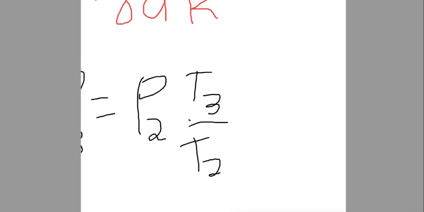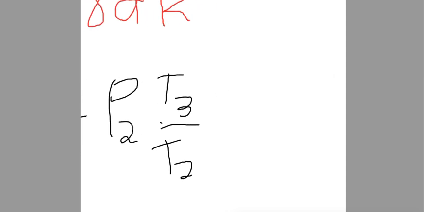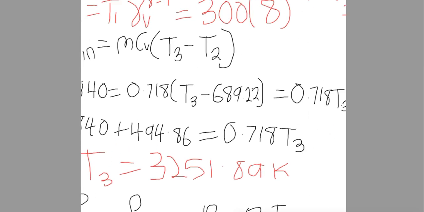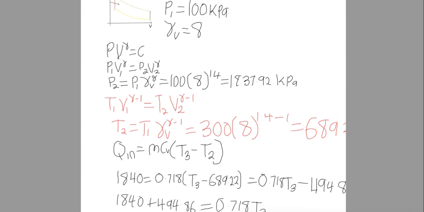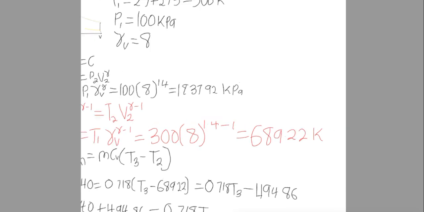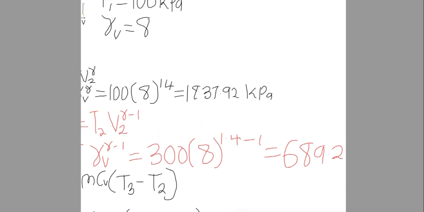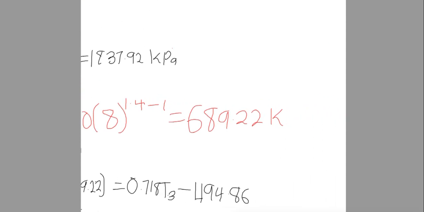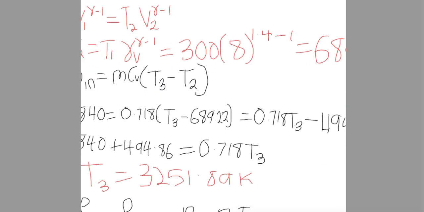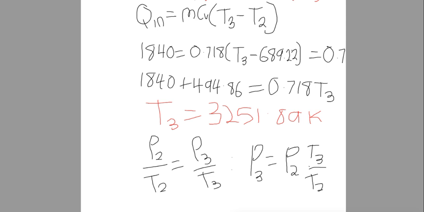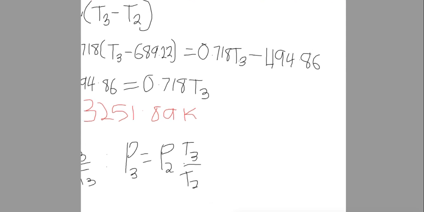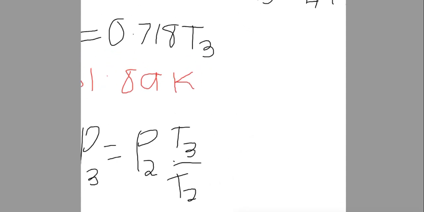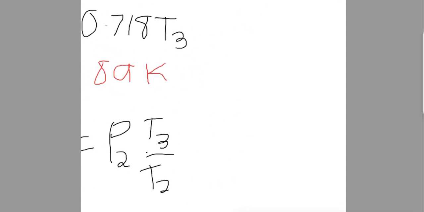So now if we use this formula here, we got our value for P2 here to be 1837.92, and we have our value for T2 to be 689.22. We have our value for T3 to be 3251.89. So you just input those values into here.